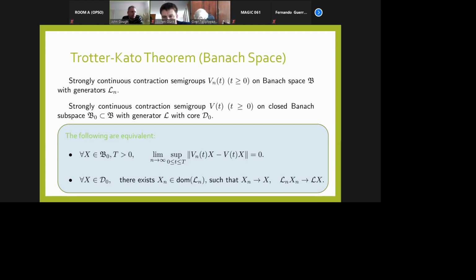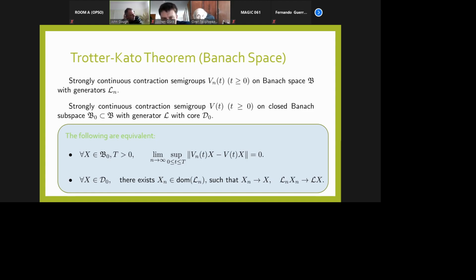And so we've got a sequence of these on the Banach space, and each of these with a generator Ln, and we want to consider convergence to a limit semigroup, and this may well be acting on a Banach subspace B0 rather than the full Banach space again, and we'll assume that this object has a generator L with a core D0.